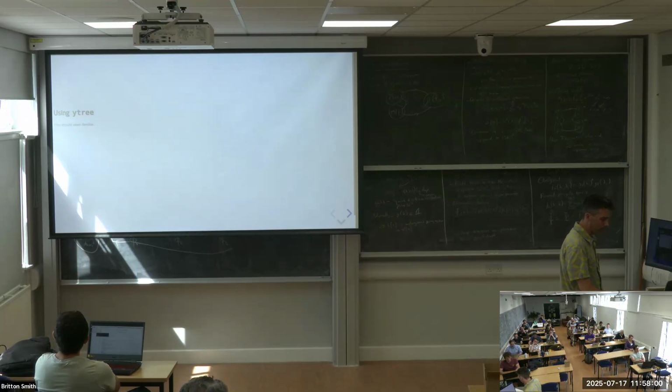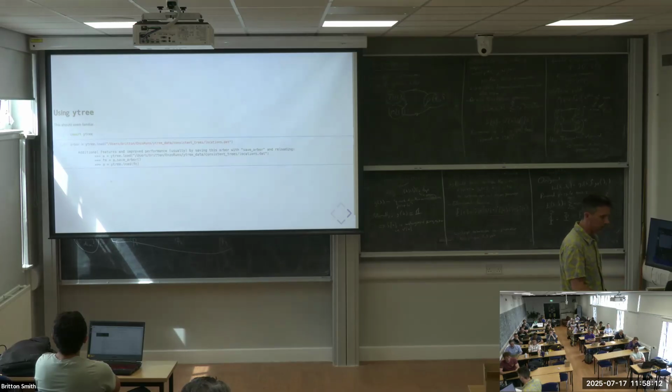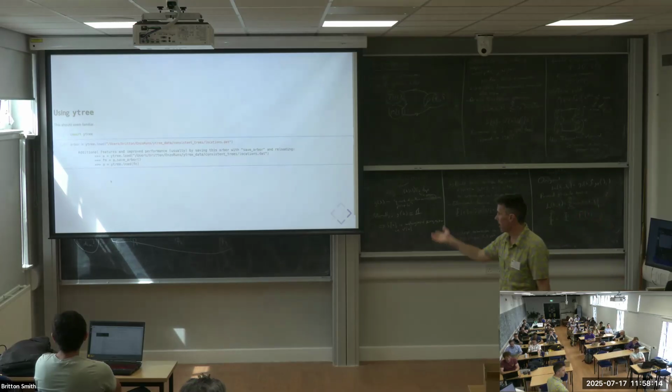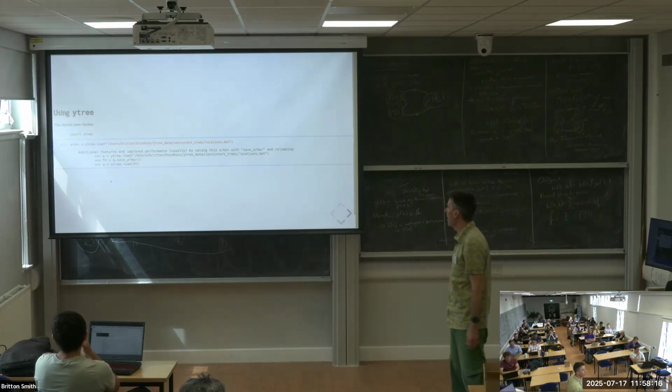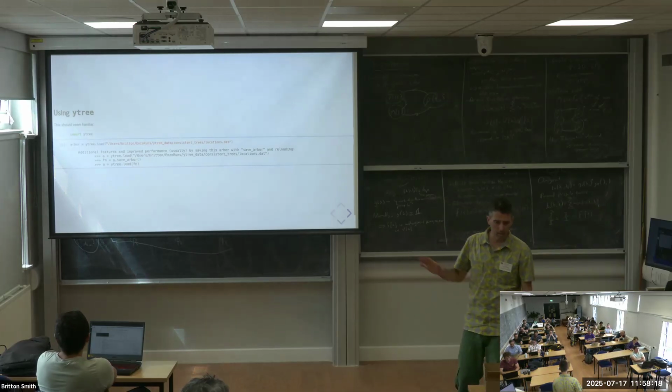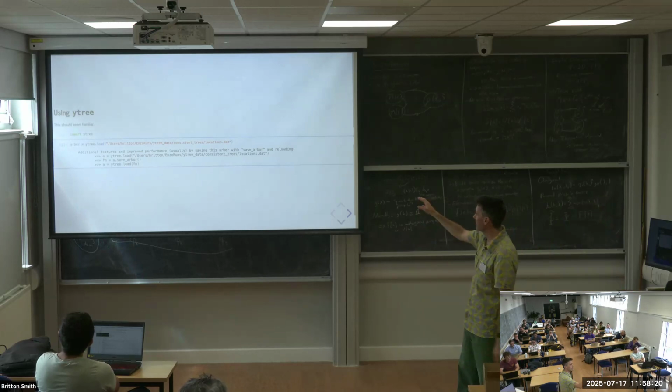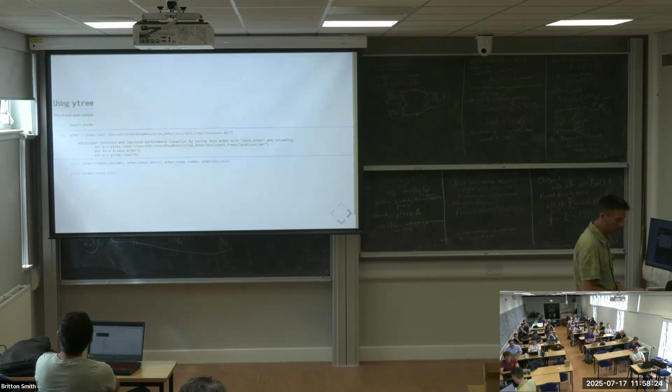Right, so it's very similar, right? You import ytree. And then you do a load, right? And just like YT, it tries to figure out what kind it is. And if it's not the special kind that I made, it shames you a little bit into perhaps saving it into that format, right?